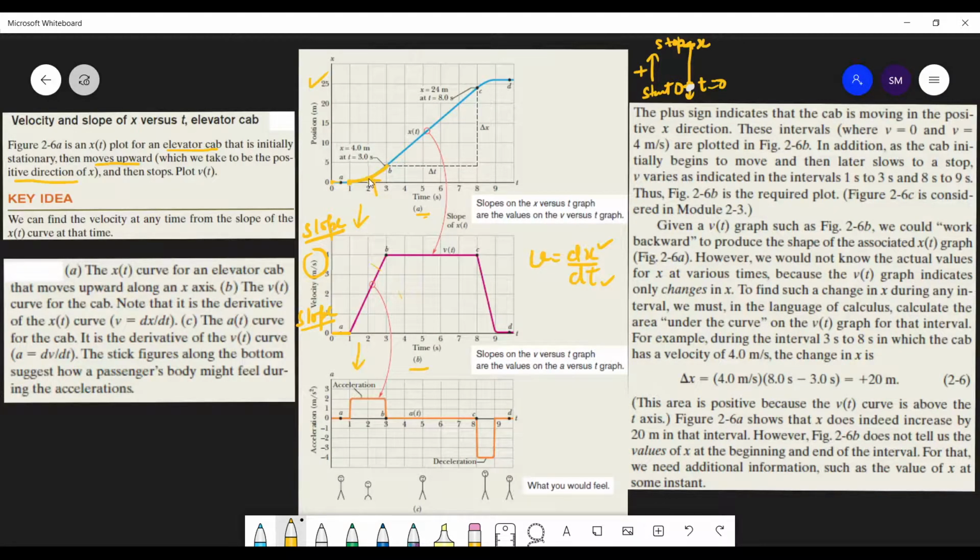What was the slope at 2 seconds? The slope is 2. And what is the slope here at B? The slope is 4. Is this clear? So I have plotted the slope here on the y-axis.